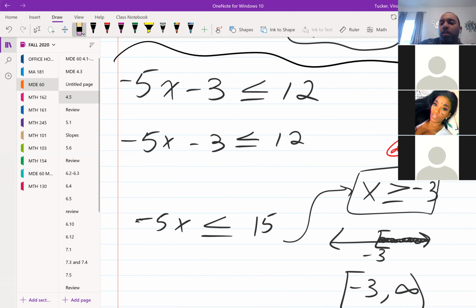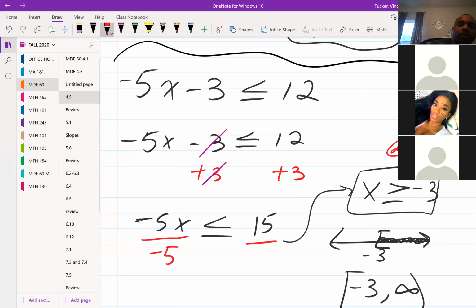All right. So here we have negative 5x minus 3 is less than or equal to 12. So the first thing we'll do is add 3. 3's cancel, leaving us with negative 5x is less than or equal to 15. Divide by negative 5.